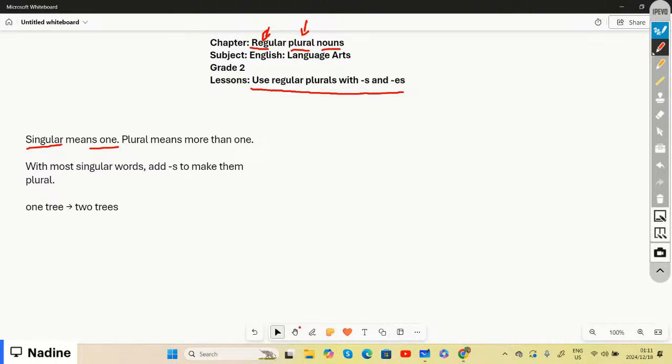So singular means one, whether it's one person, one animal, one place, or one thing.